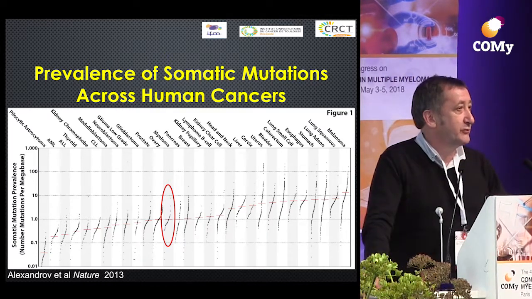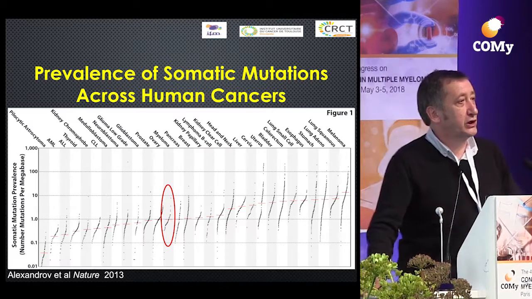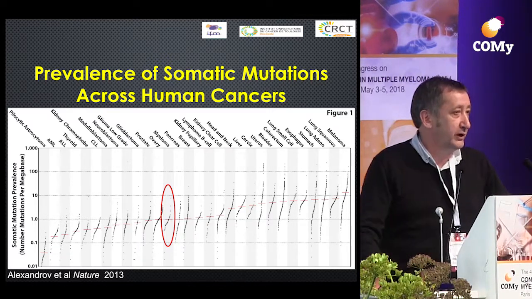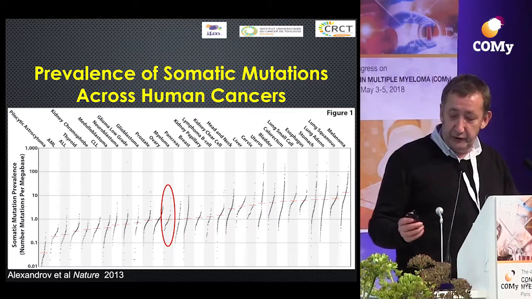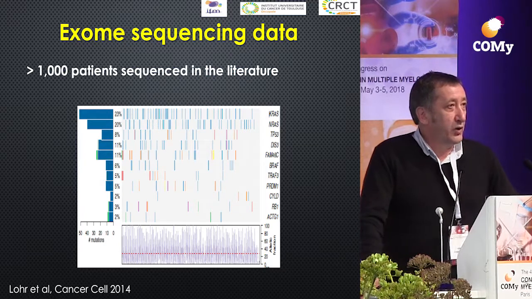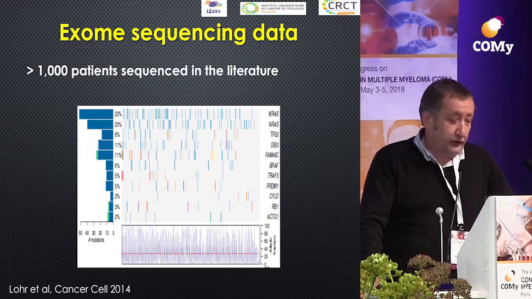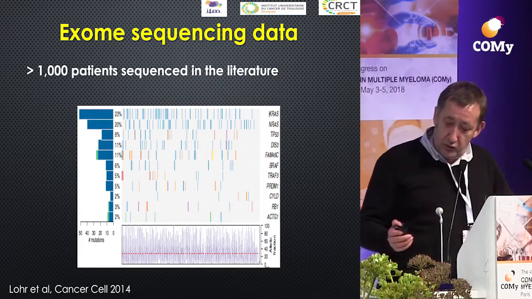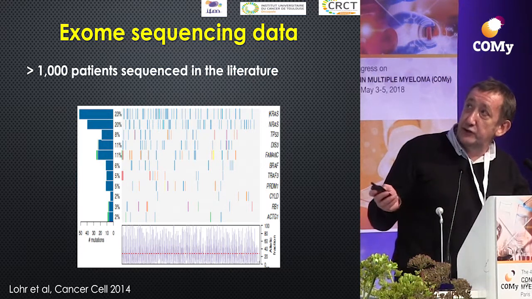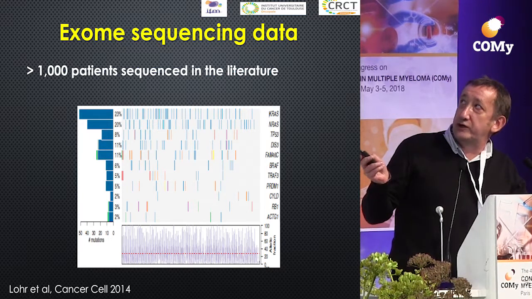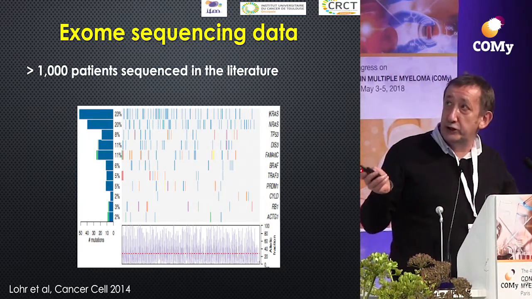It could have some consequences for the future when we will go, or if we will go, to immune therapy, and especially to checkpoint inhibitors. More than 1,000 patients have been exome sequenced, and if we try to categorize these patients, we can see that about half of the patients have either a KRAS or NRAS mutation.